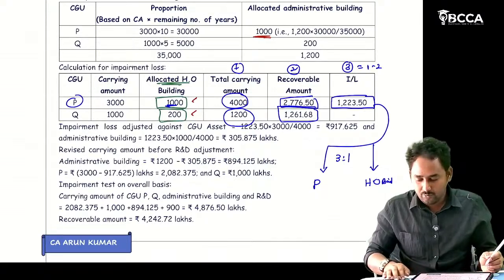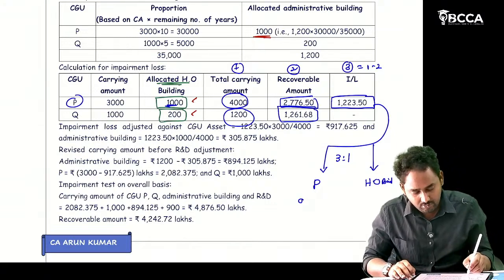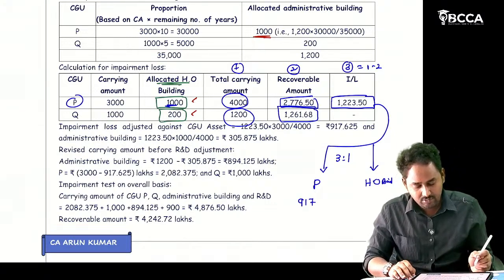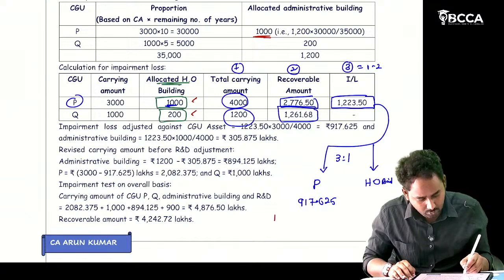So now 1223.50 divided by 4 into 3. What is the value? 917.625. How did you get this value? 1223.50 divided by 4 into 3.